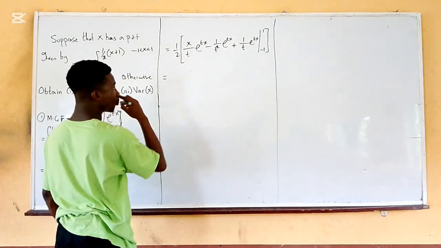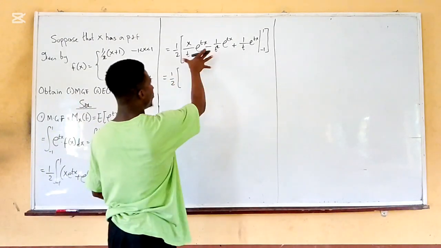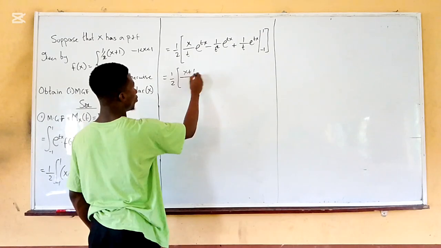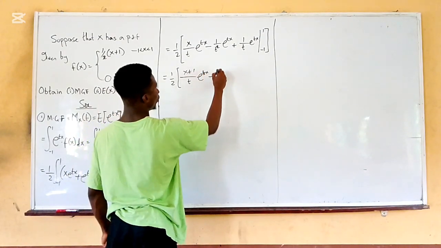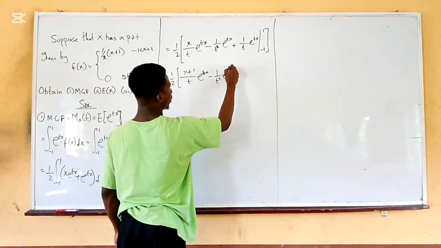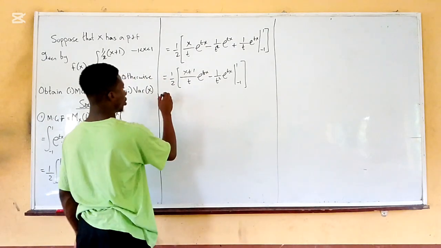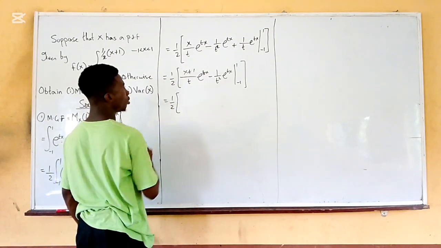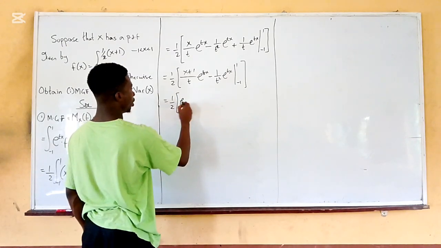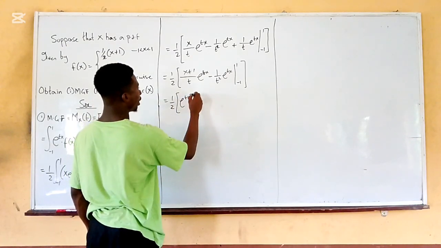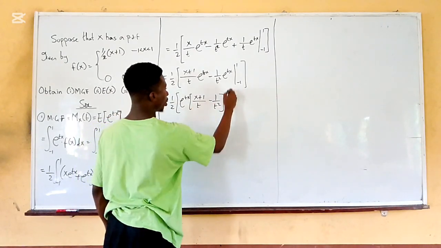So from here, I have 1 over 2. Let me put this together. I have x plus 1 over t exponential tx minus 1 over t square exponential tx, that is, 1 over 2 exponential tx into bracket x plus 1 over t minus 1 over t square.